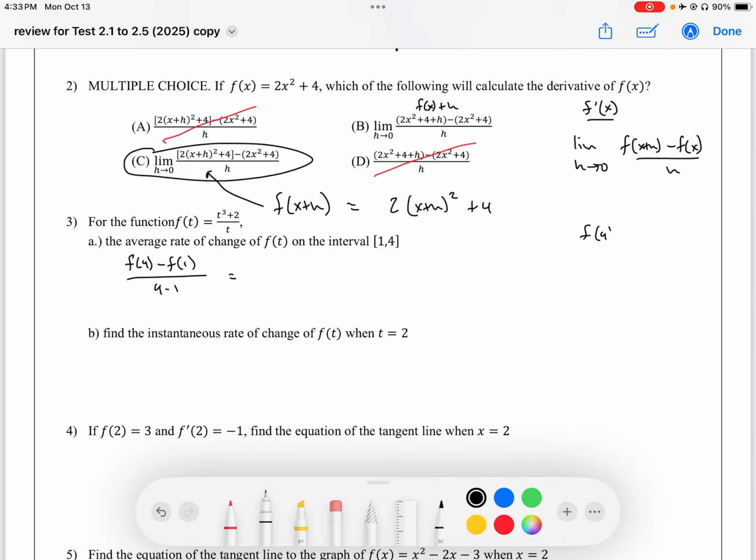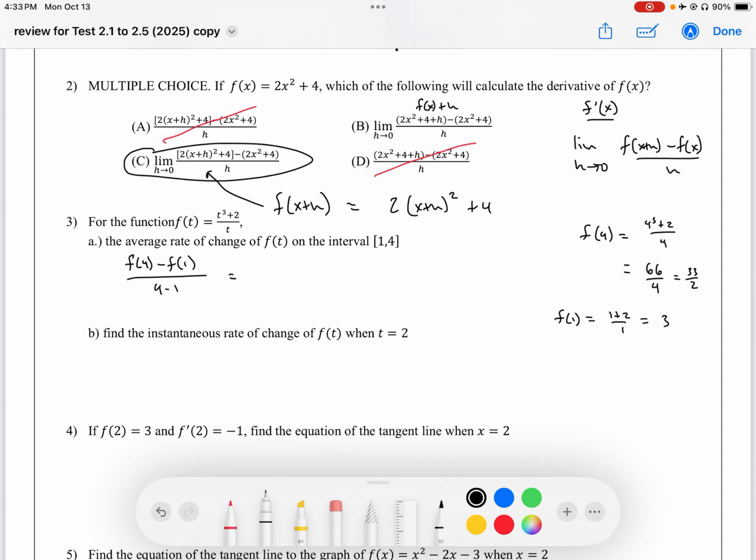F of 4 would be 4 cubed plus 2 divided by 4, which is 66 divided by 4, which is 33 divided by 2. And let's find f of 1. F of 1 would be 1 plus 2 over 1, which is 3.